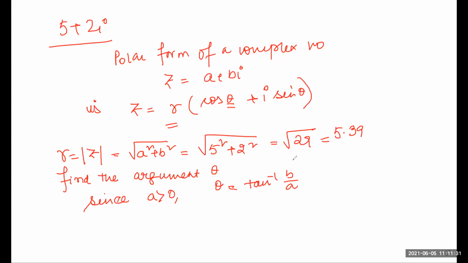Anywhere you see this kind of thing, you can use this. So theta will become tan inverse, my b is 2 and my a is 5. Let's see what it's coming.